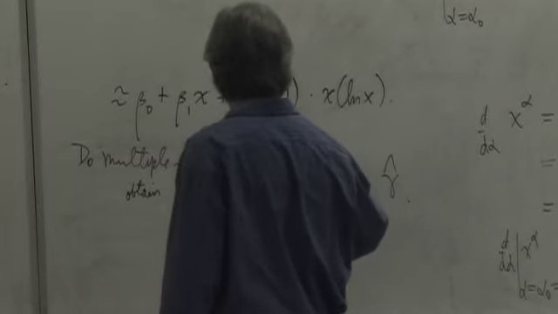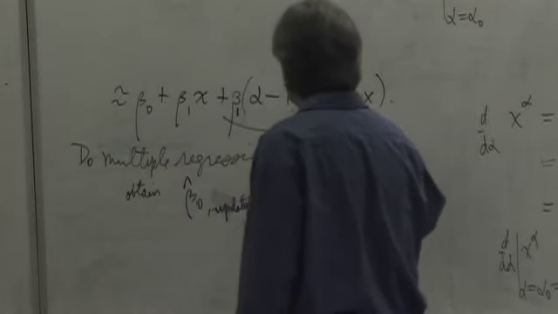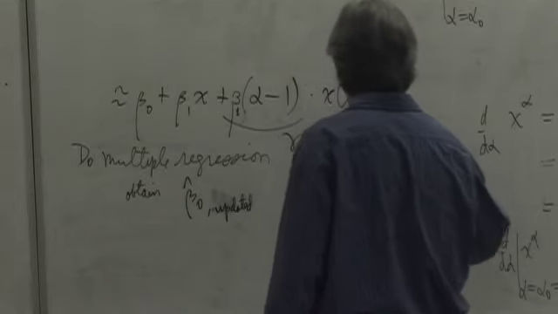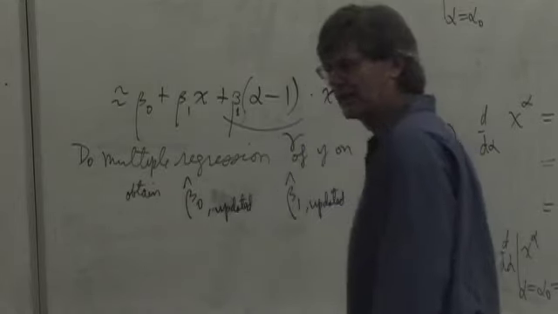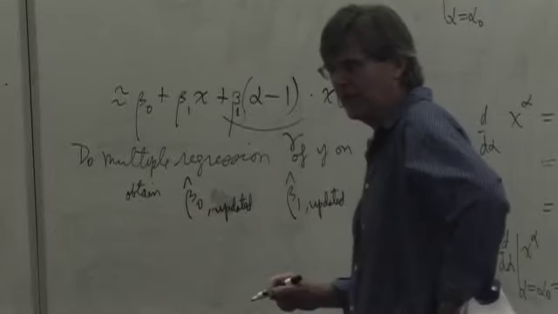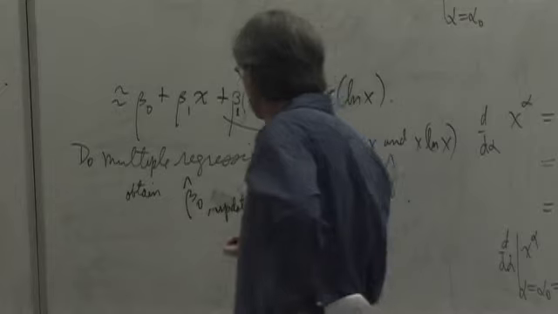I'll say do multiple regression of y on x and x log x. So I have 2 variables, x and x log x, and I get a beta 0 hat updated, a beta 1 hat updated, and a gamma hat.